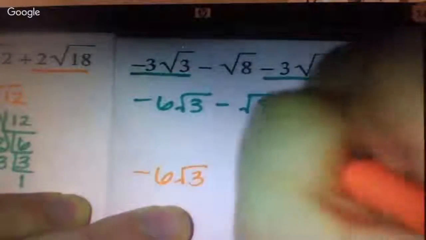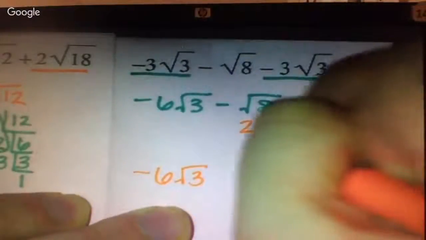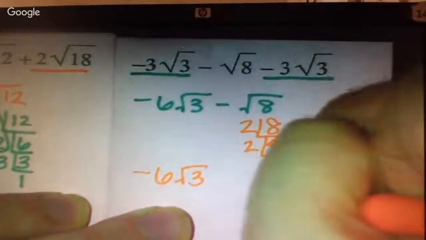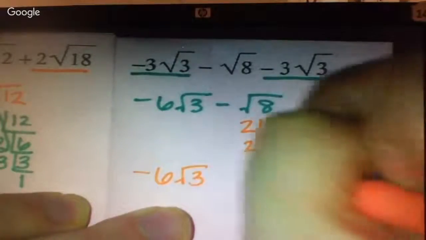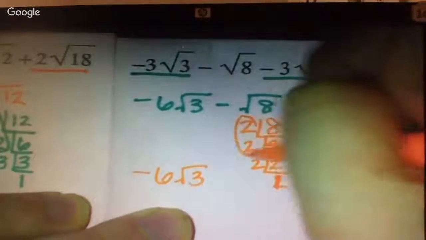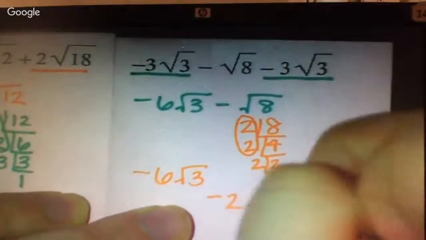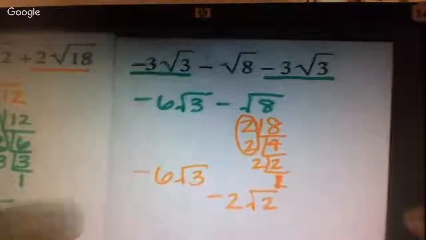But 8 breaks down into 2 and 4, 2 and 2, 2 and 1. Circle in groups of 2. So this becomes -2 square roots of 2. And because they're both different now, that is your final answer.